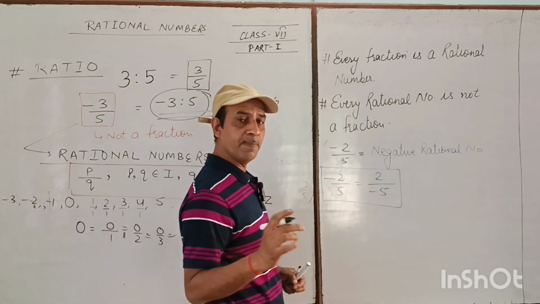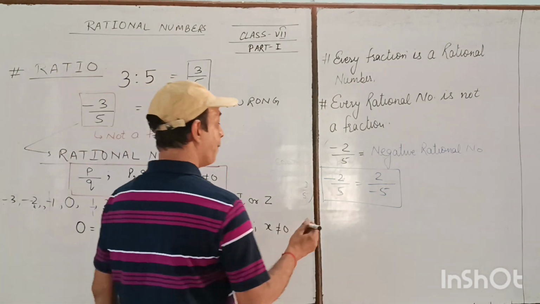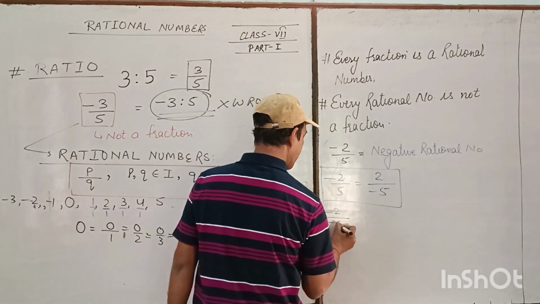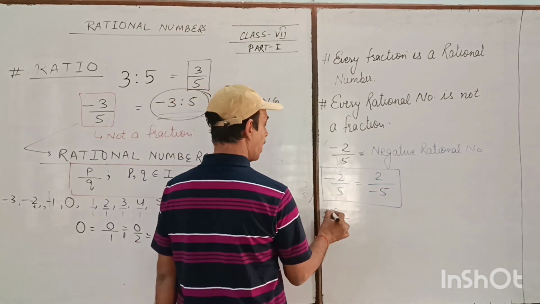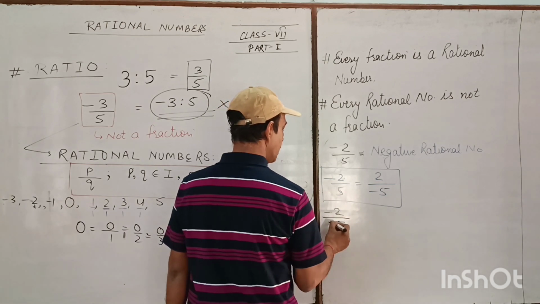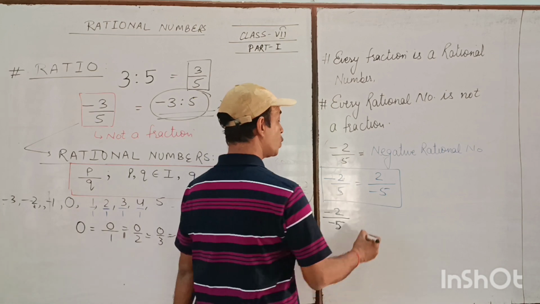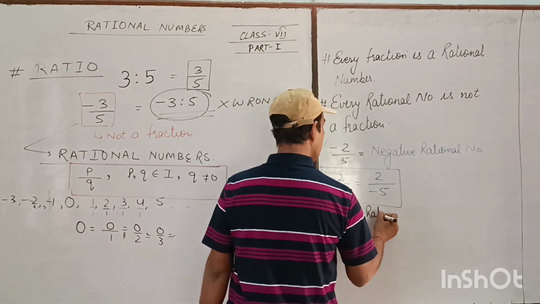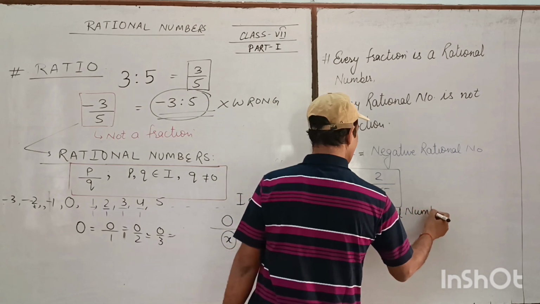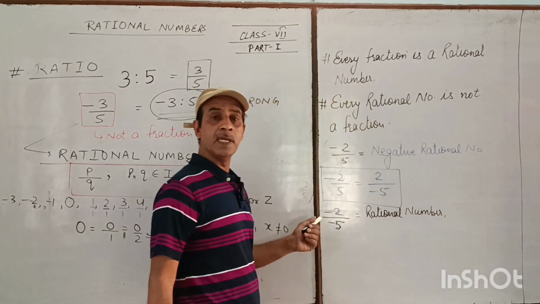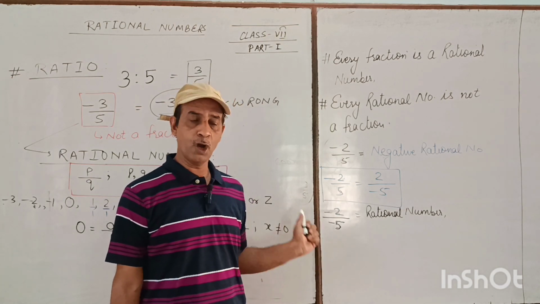That means it is a rational number. But if you have minus 2 upon minus 5, what can you say about this? Is it a fraction or a natural number? Minus 2 upon minus 5 is a rational number, but it is not a fraction because it has a negative numerator and a negative denominator.